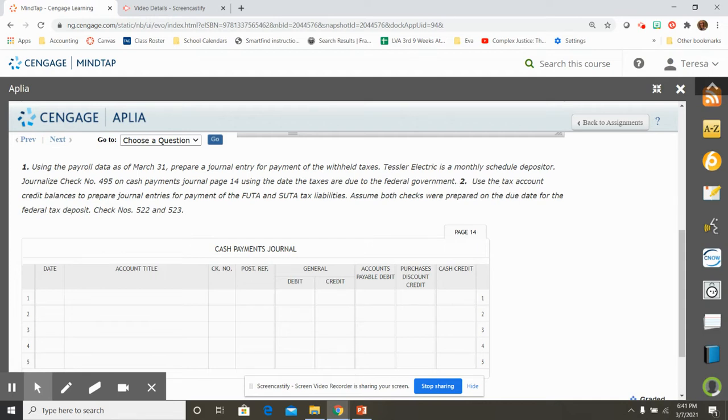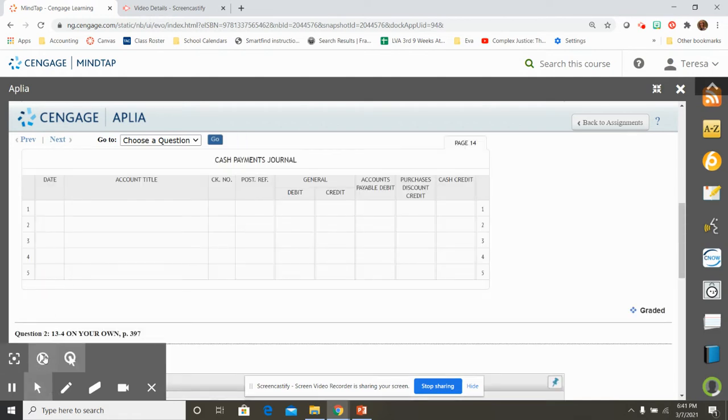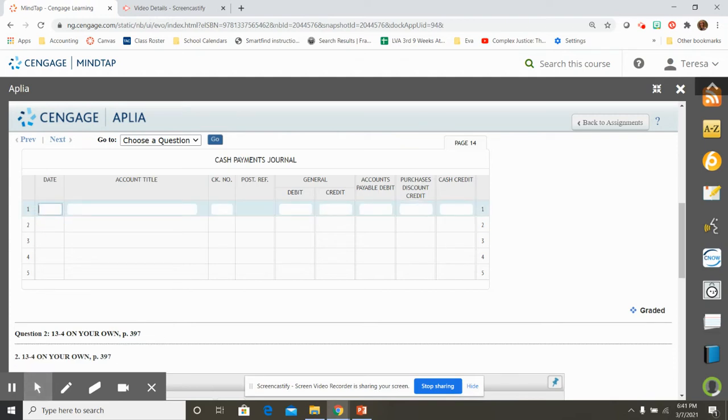Use the tax account credit balances to prepare journal entries for payment of the FUTA and the SUTA tax liabilities. Assume both checks were prepared on the due date for the federal tax deposit. So we're going to go down here and we're going to put in April 15th.